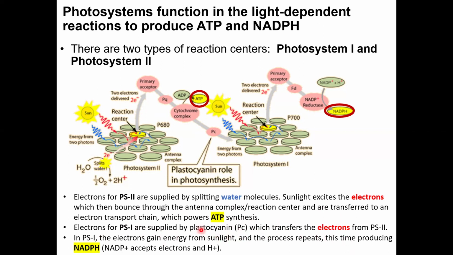The electrons gain energy from sunlight, and the process repeats, this time with NADP plus accepting the electrons and a proton to become NADPH.